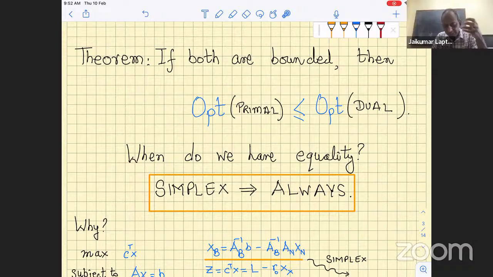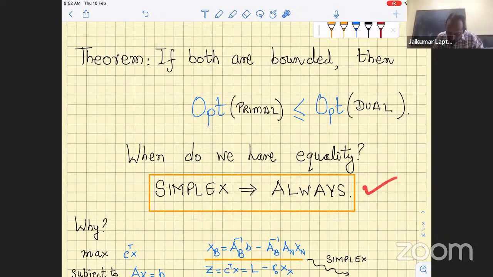if the optimum exists, in particular, the primal is feasible. If it is feasible, then the solution at that feasible point forms a lower bound for the dual program. That means the dual is bounded. And the moment the dual is bounded, it must have an optimum solution. So if one of them has an optimum, automatically the other one's optimum must exist.